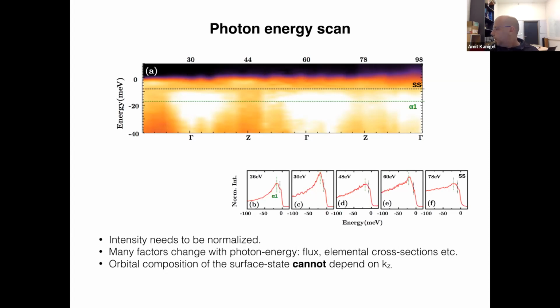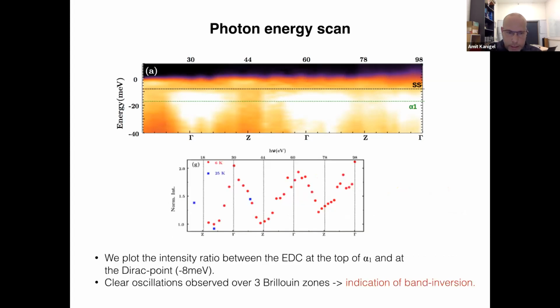So when we do that, we indeed find a very nice oscillation of this normalized intensity. What I'm showing here is exactly that: the intensity at this green line, the top of alpha-1, divided by the intensity at 8 millivolts, marked by this black dotted line.